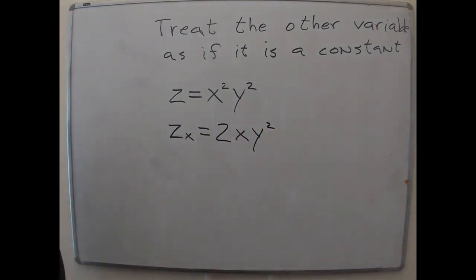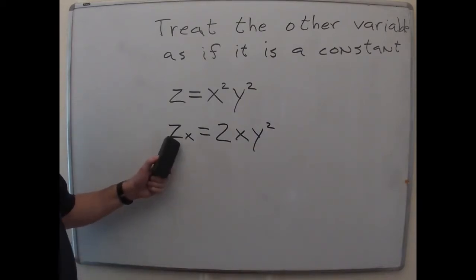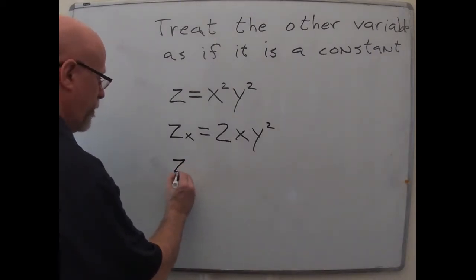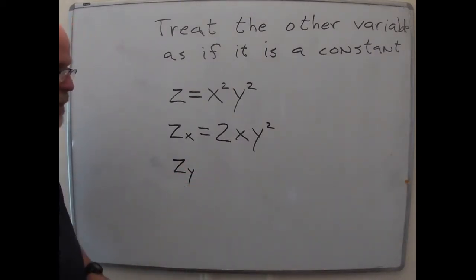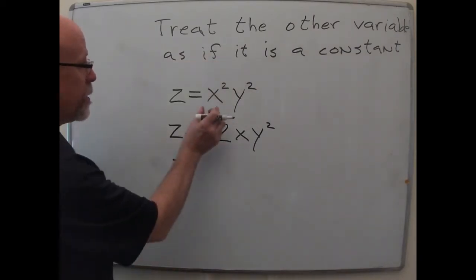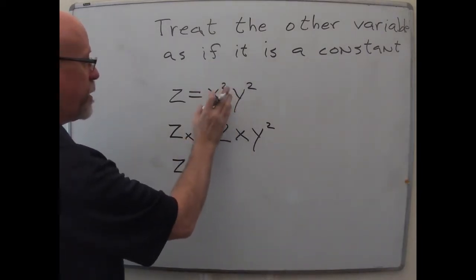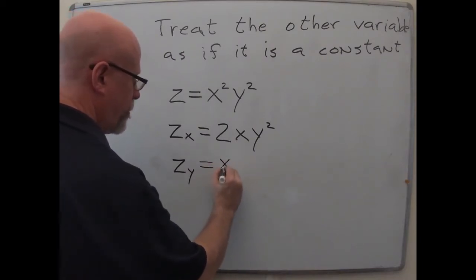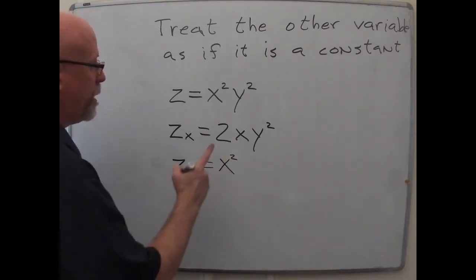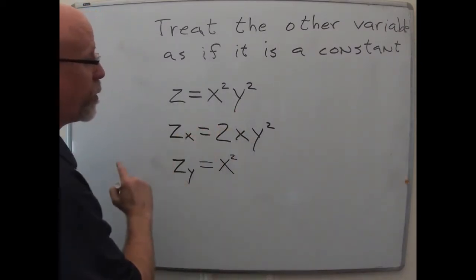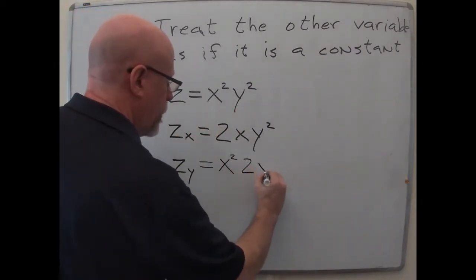Now, so far I didn't tell you anything about the other partial derivative, but we can now do that very easily. What's the y derivative? Well, that's where you're going to treat the other variable, which will be x in this case, as a constant. So that x is fixed, that means x squared is fixed. This thing in front is just a multiplier. You just bring constant multiples along for the ride, but you do have to differentiate y squared, and you get 2y.